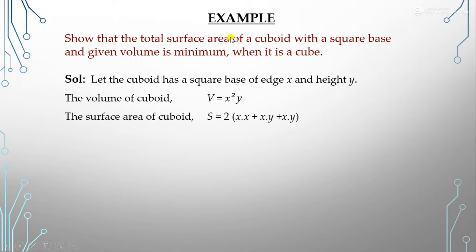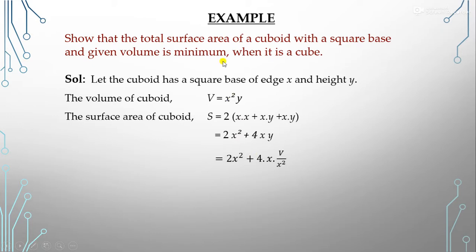The surface area of the cuboid, we represent it by S, is 2 times (length into breadth, x into x, plus breadth into height, x into y, plus height into length, x into y). So it becomes 2x square plus 4xy.